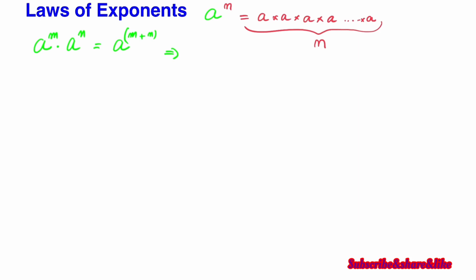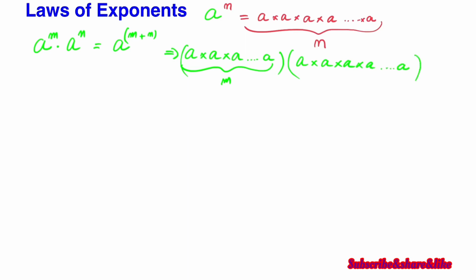The first one is a times a times a, m times, and the other one is a times a times a times a times a, n times.